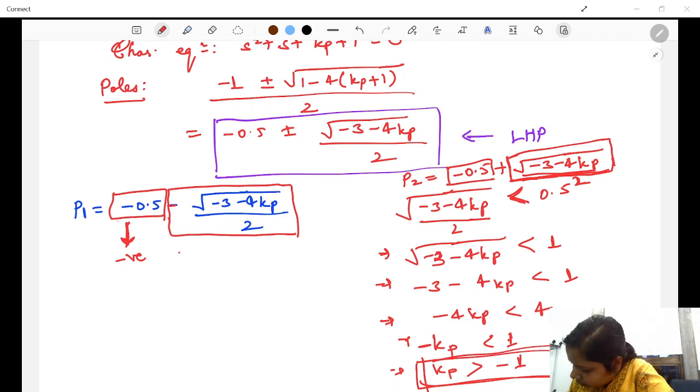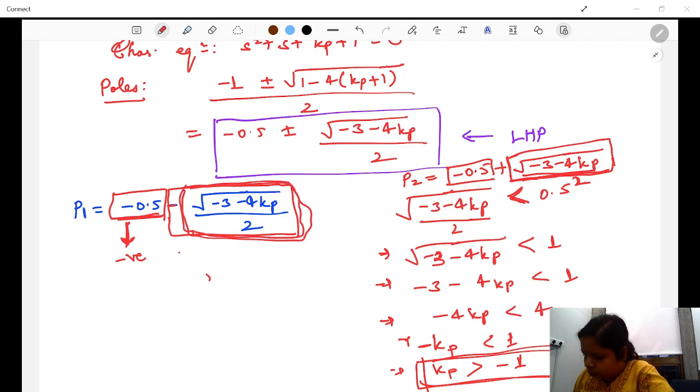Similarly, you can proceed in this way also. So this term is already a negative term. What we want is just that this term should also be negative only.